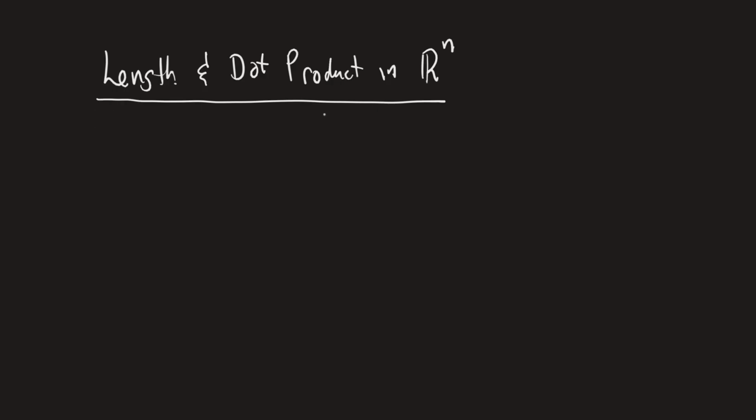Since we're working with vectors in Rn, we know what the general vector in Rn looks like. So let v be equal to, and I'll just use our standard notation, v1, v2, and since I'm leaving the dimension of the vector arbitrary, I'll just have my vector be vn.